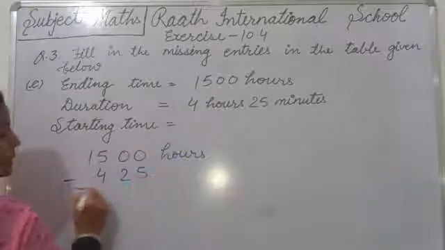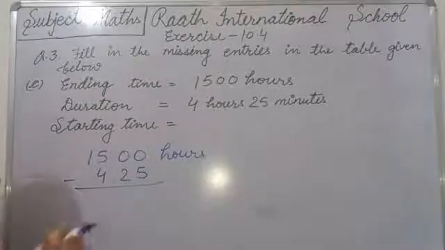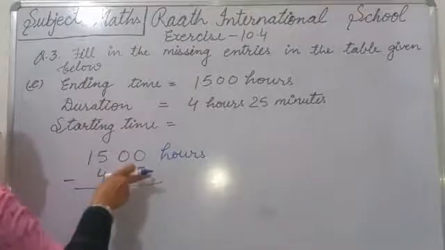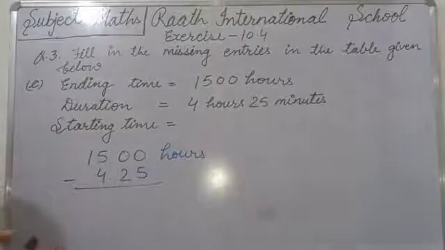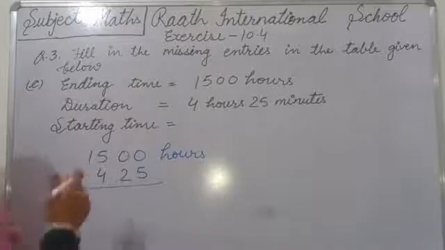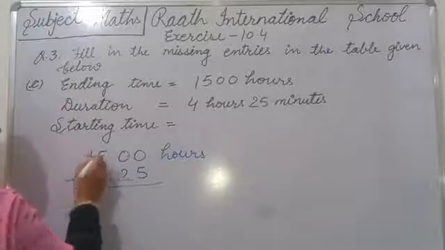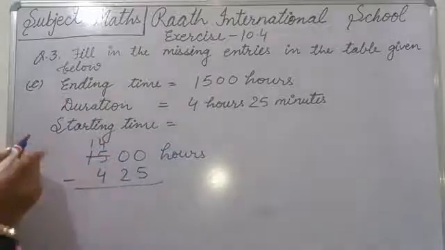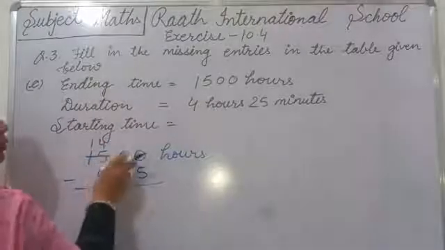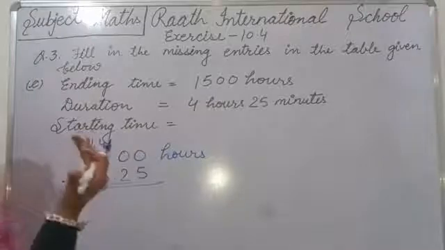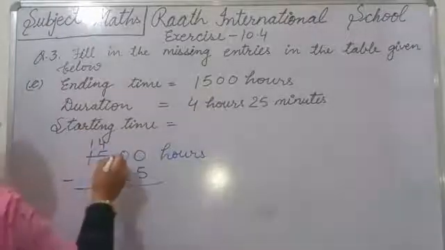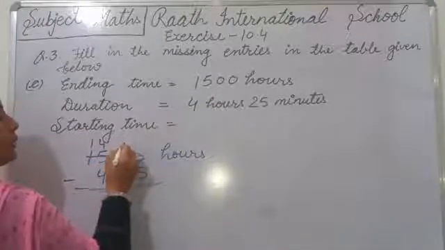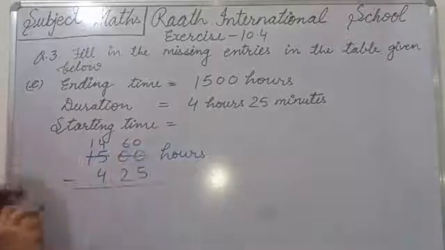We will subtract this. Okay, so now upside there is 00 minutes and there is 25. So we can't subtract, so in that condition we will take borrowing. So there is 15 hours, we will take borrowing, so there will be 14 hours and 1 hour makes 60 minutes. And already there is 00, so 0 plus 60, that's it, 60. Okay, now we can do subtraction.